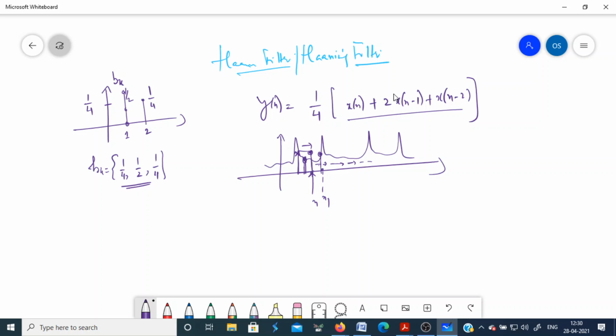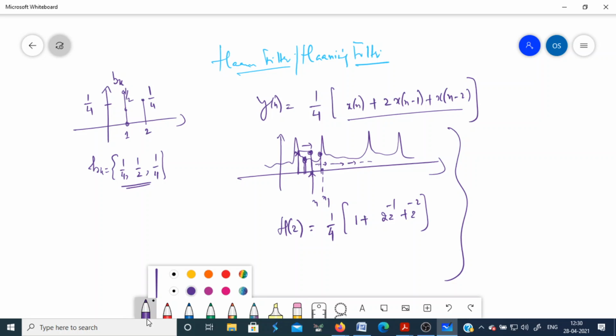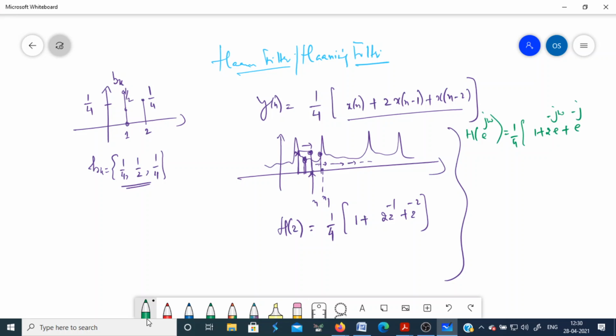Now if you see this filter in the frequency domain, what is the Z transform of this? It is 1 by 4 times 1 plus 2Z inverse plus Z to the power minus 2. From this Z transform, you can find its frequency response H of e to the power j omega. So it is 1 by 4 times 1 plus 2 e raised to the power minus j omega plus e raised to the power minus j2 omega.